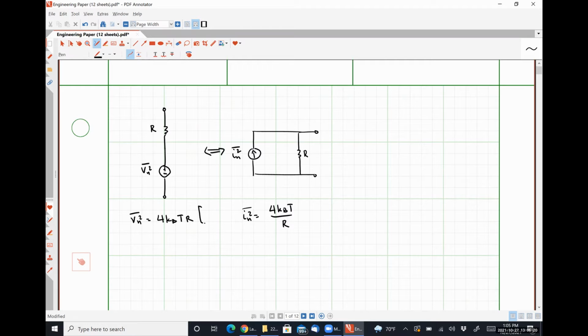And so what I mean by that is the units here for our noise voltage is volt squared per hertz, and the units here are going to be amp squared per hertz.